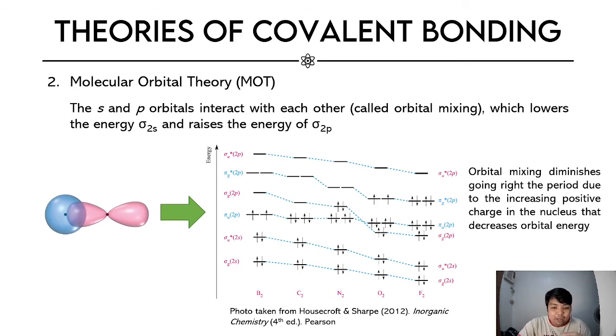This increase in the number of protons exerts electrostatic attraction, which further lowers the energy of the orbitals. It lowers the energy of the 2s orbital more than it lowers the energy of the 2p orbital.